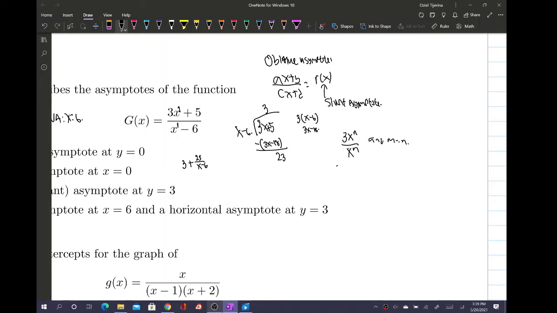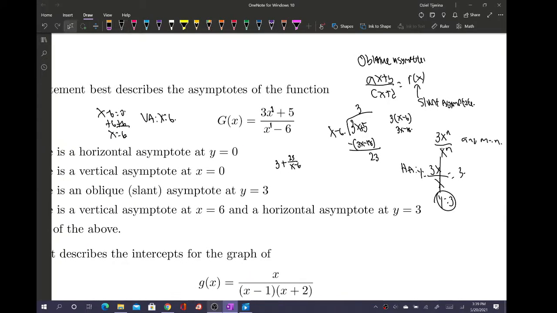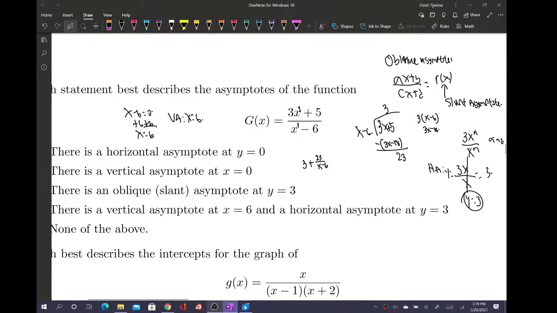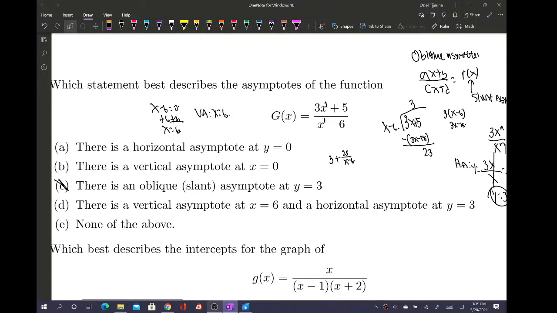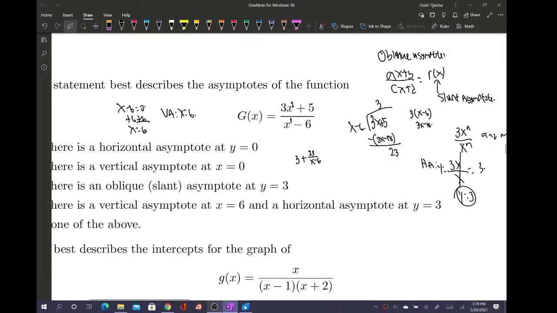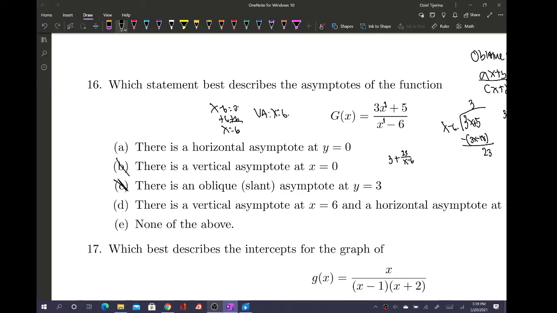So it's going to be y equals 3x over x, which is 3. So y equals 3 would be our horizontal asymptote. So the horizontal asymptote is y equals 3, and the vertical asymptote is x equals 6. So the answer to this one is D.